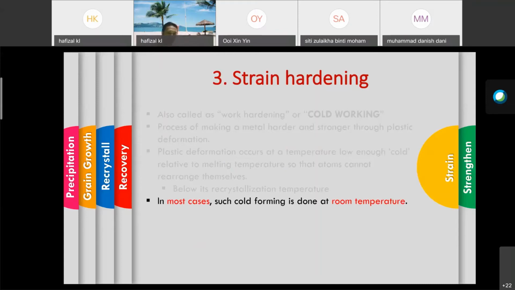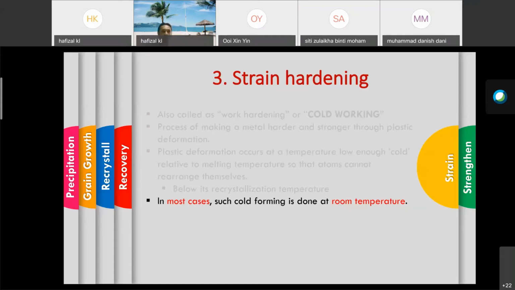In most cases, cold forming is done at room temperature. When we talk about cold working, most cases take place at room temperature, under normal conditions. So during the rolling process, the forming process, we do it at room temperature.